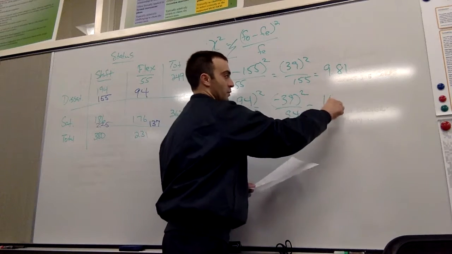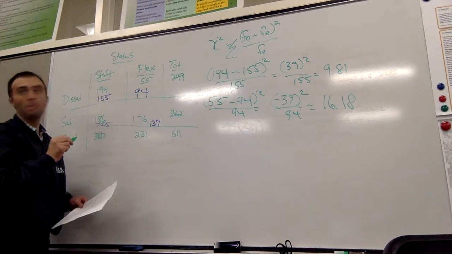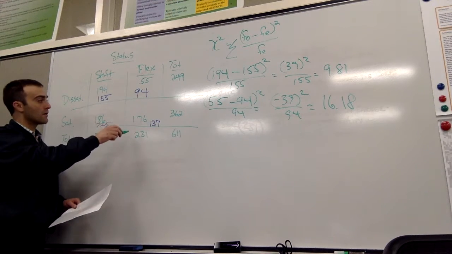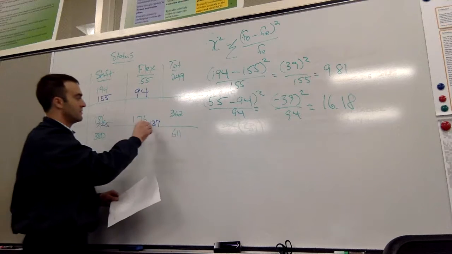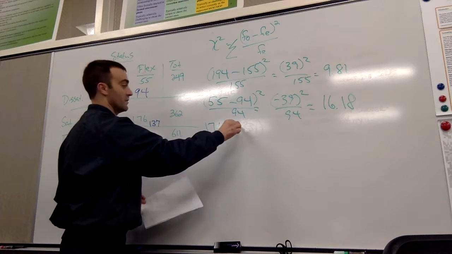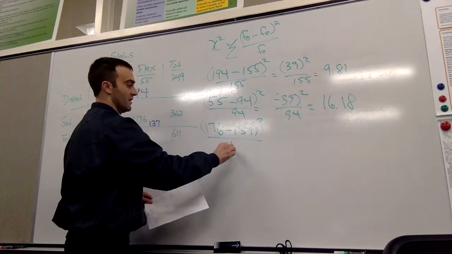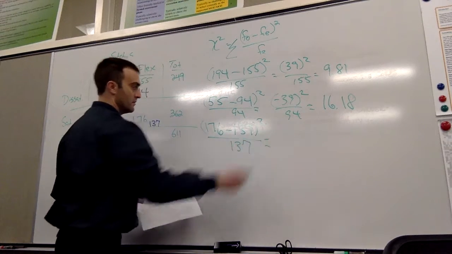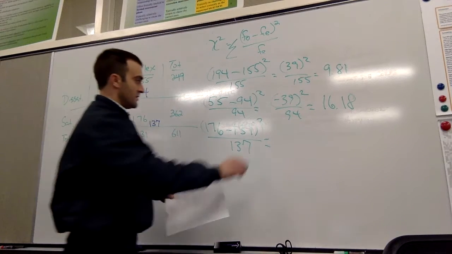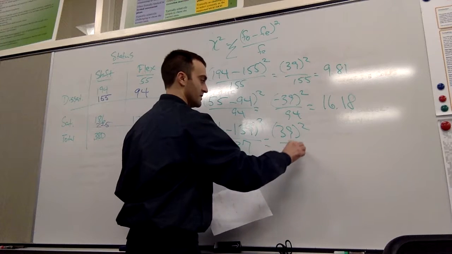You get 16.18. Keep going clockwise to the southeast. We observed 176, expected 137. Square the difference and divide by 137. It's another 39 squared over 137.